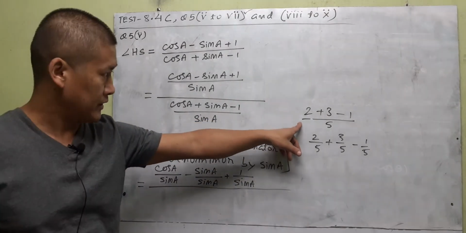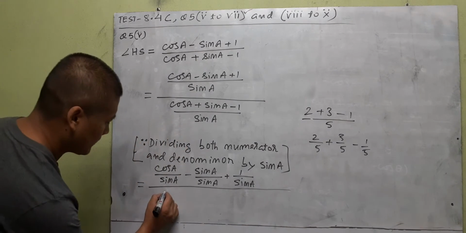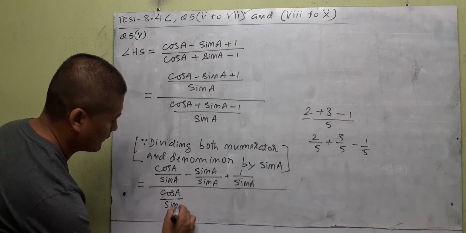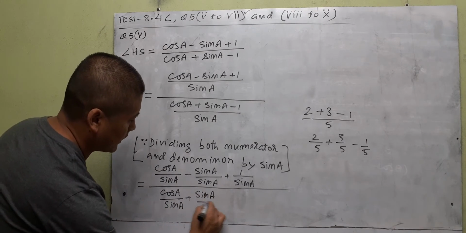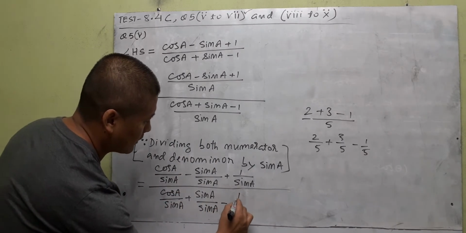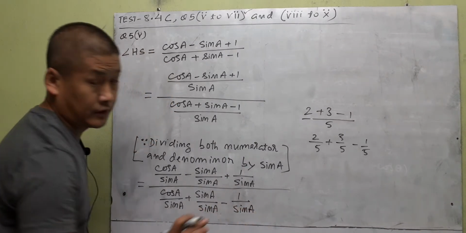We're also applying the same thing in the denominator. So here also, similarly, cos A by sin A plus sin A by sin A minus 1 by sin A. So do carefully. That's all, right?